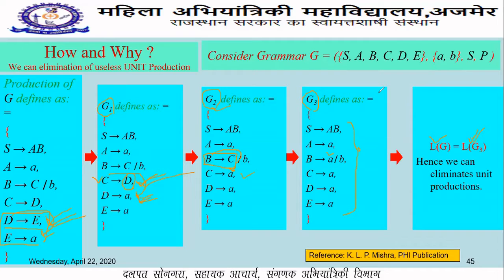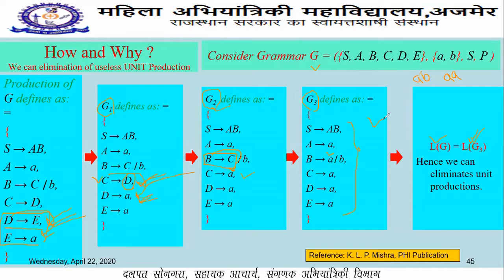When we look at grammar G, it derives only the two terminal strings aa and ab, which are also derived by grammar G3. You can look over this grammar by trying to find the final terminal strings, and you will find that only these two strings, aa and ab, are derived by G, which is also derived by simplified grammar G3.